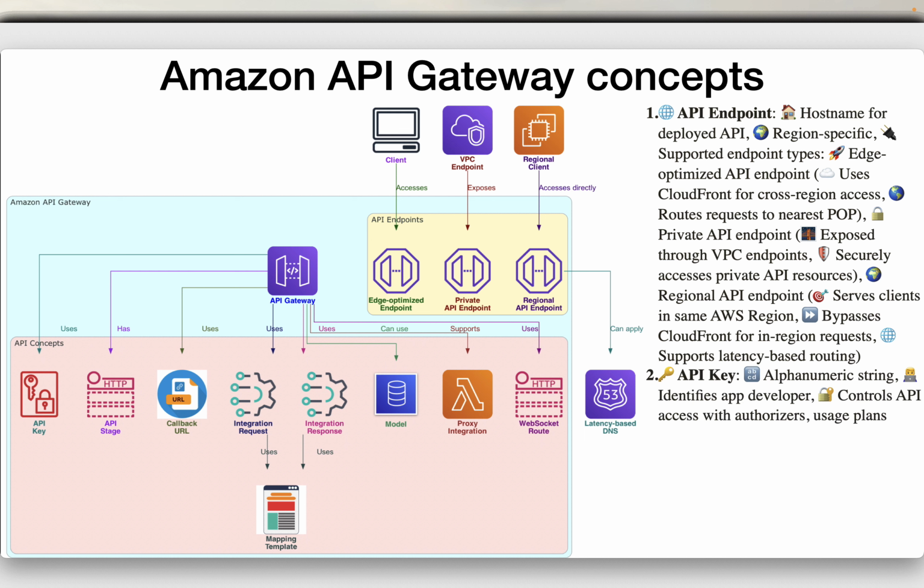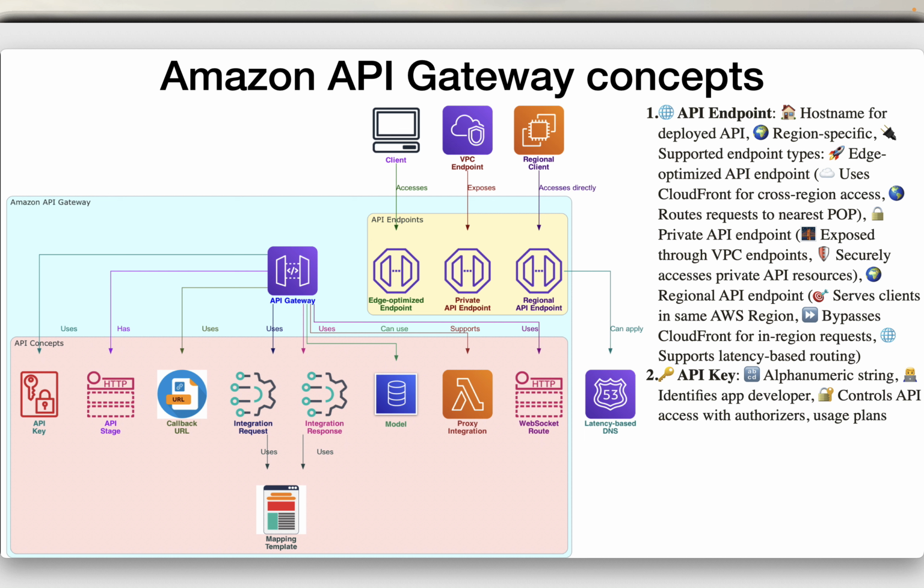Okay, the next important concept is the API key, which is an alphanumeric string that API Gateway uses to identify an app developer who uses your REST or WebSocket API. API Gateway can generate API keys on your behalf, or you can import them from a CSV file. You can use API keys together with Lambda authorizers or usage plans to control access to your APIs.